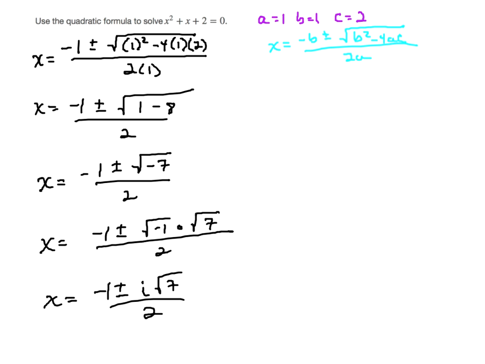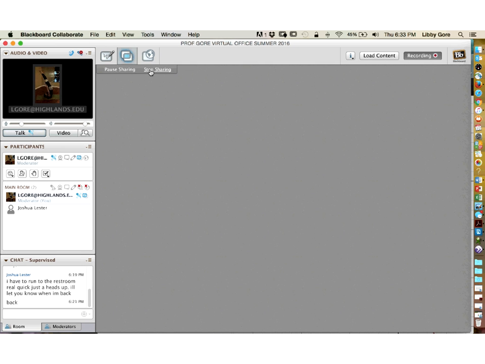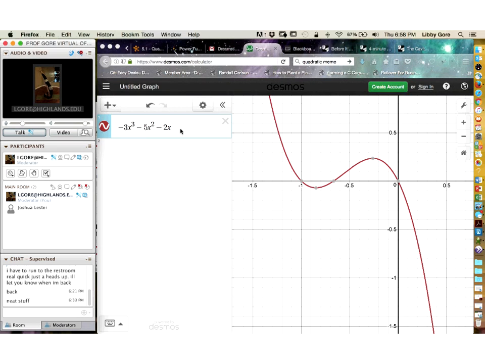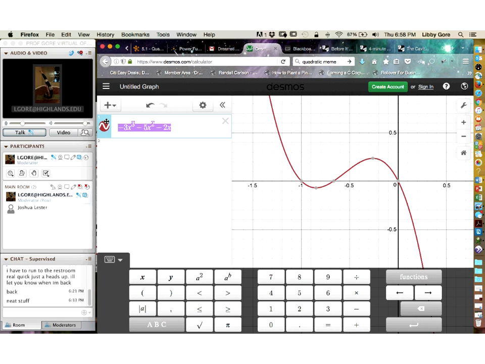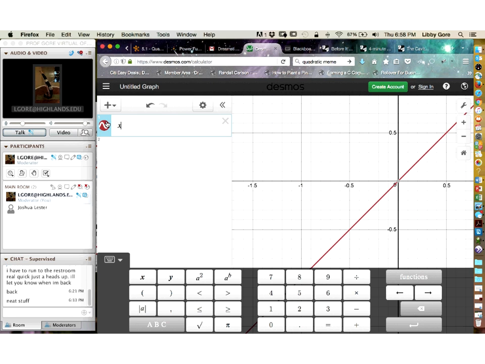Let me show you what this means graphically. X squared plus x plus 2.